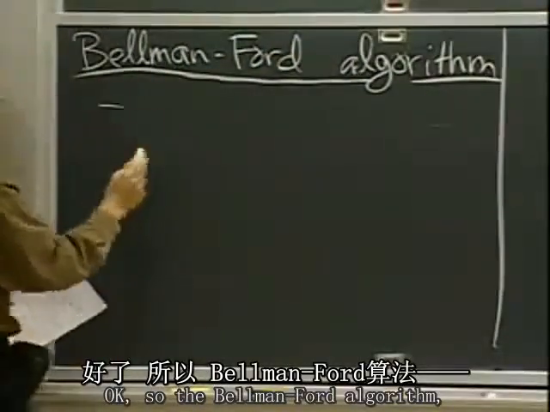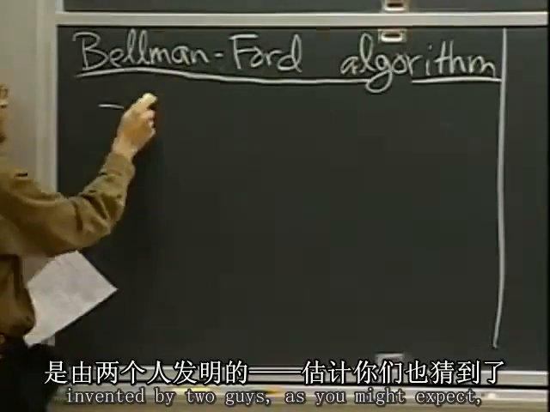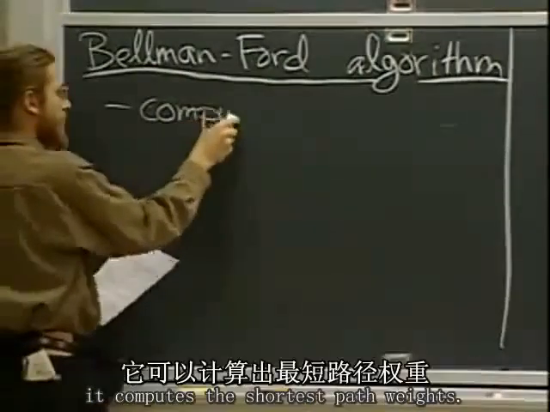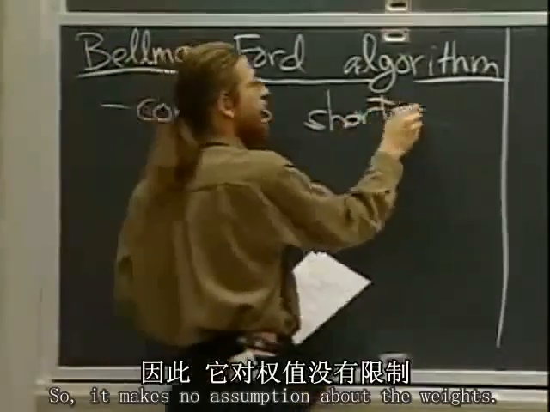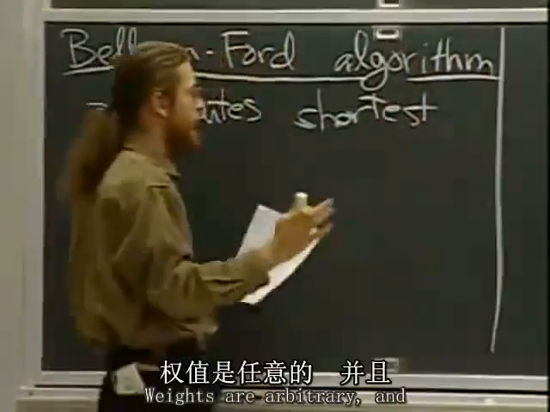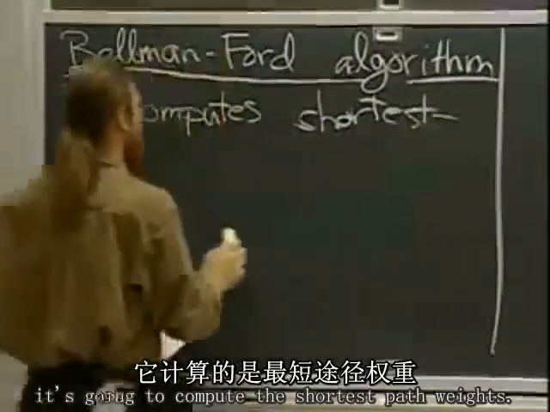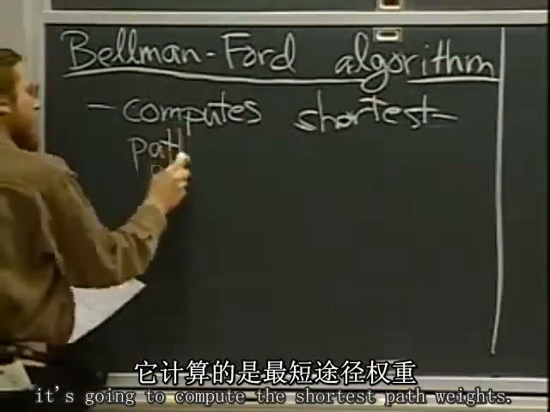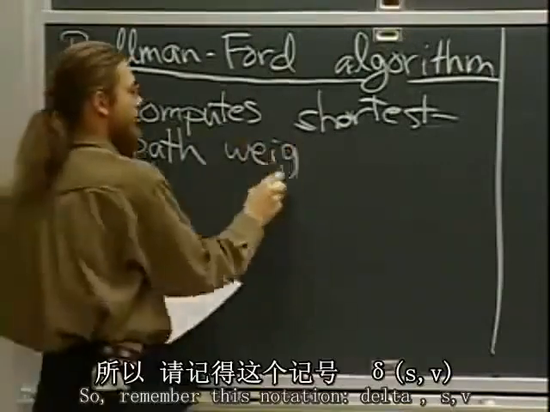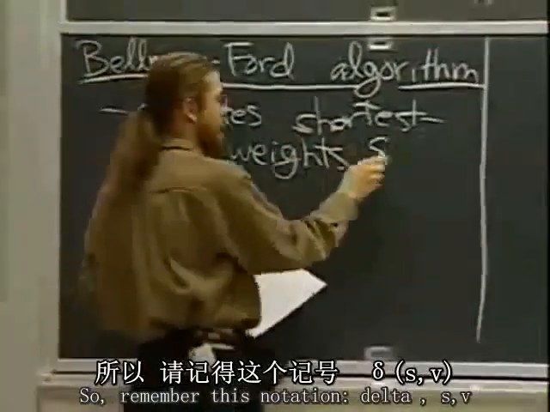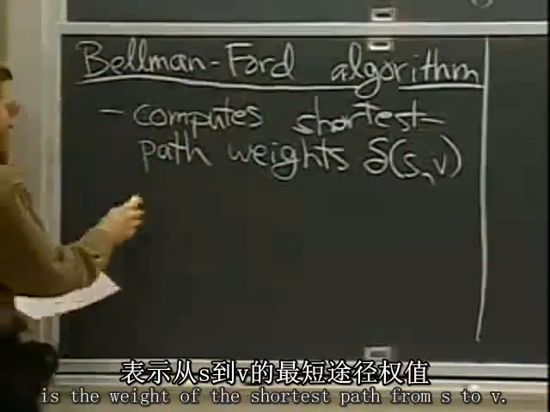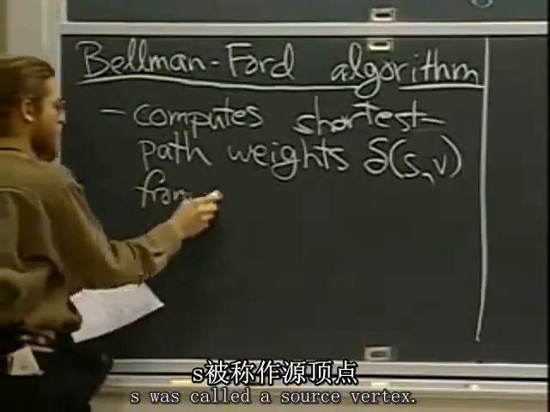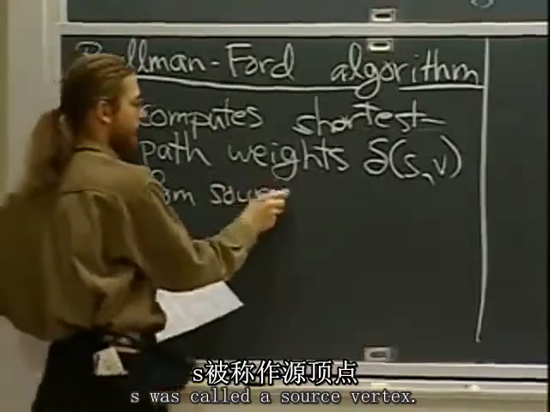Okay, so the Bellman-Ford algorithm, invented by two guys, as you might expect, computes the shortest path weights. So it makes no assumption about the weights. Weights are arbitrary. And it's going to compute these shortest path weights. So remember this notation. Delta of S comma V is the weight of the shortest path from S to V. S was called a source vertex.